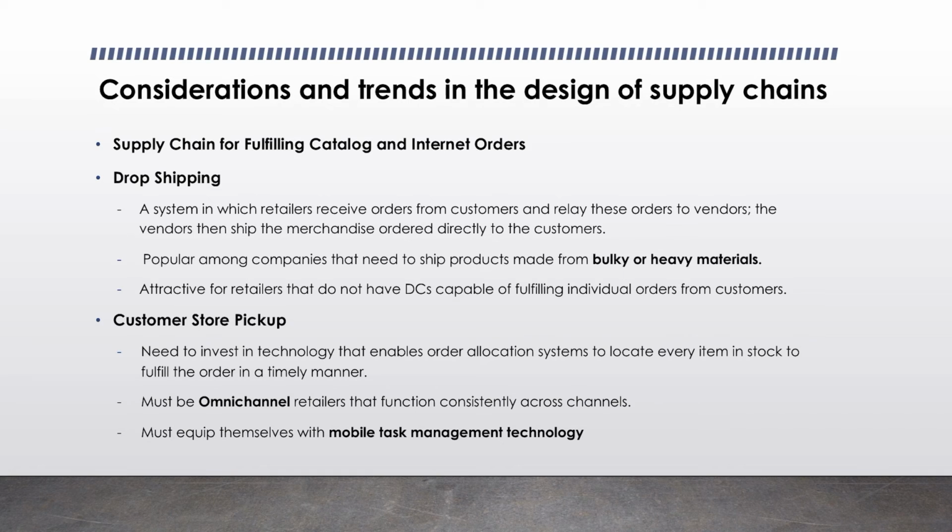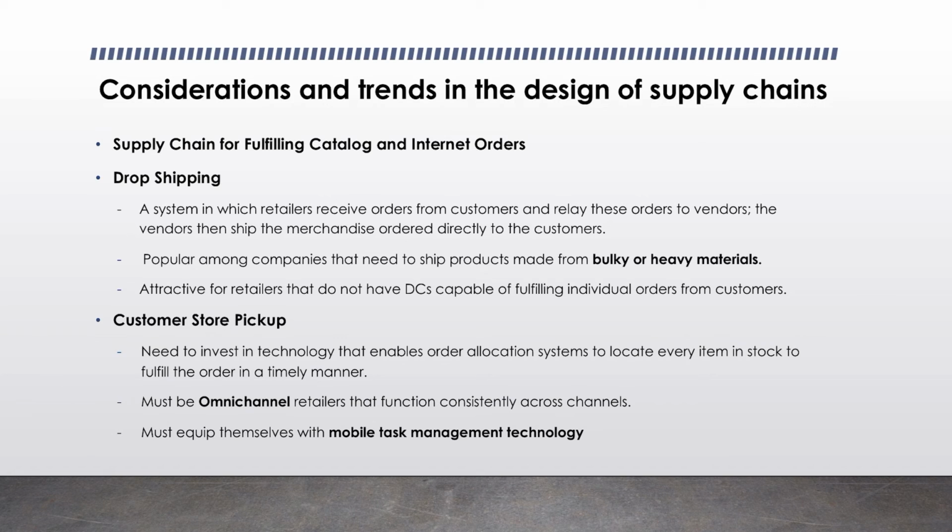Next, customer store pickup. Not only shipping orders directly to customers, retailers also can enable them to make a purchase online and then pick up the merchandise in stores. To be successful with the buy-online, pick-up-in-store option, retailers need to invest in technology that enables order allocation systems to locate every item in stock to fulfill the order in a timely manner.